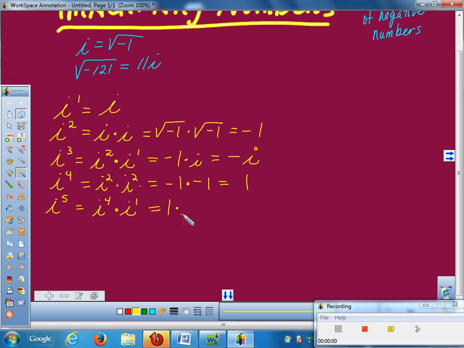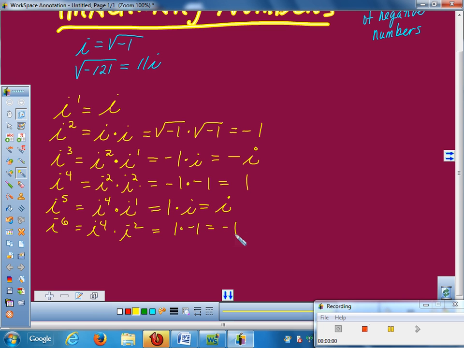So 1 times i is just going to stay i. Yeah, so then when I do i to the sixth, I'm going to do i to the fourth times i squared. Since I'm always going to get 1, I'm just going to get what i squared is, and i squared is negative 1. So it's just going to start repeating itself. After the first 4, it just repeats over and over and over.